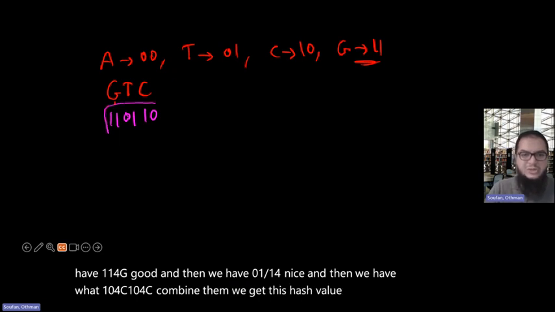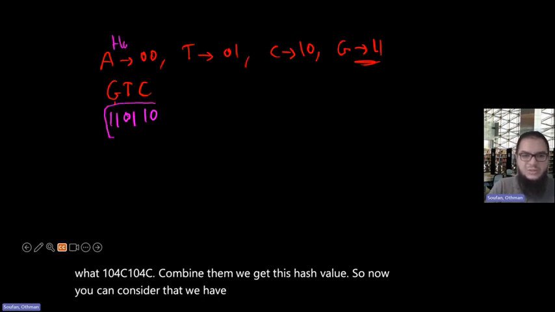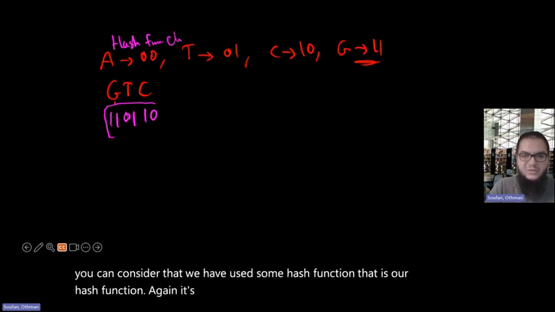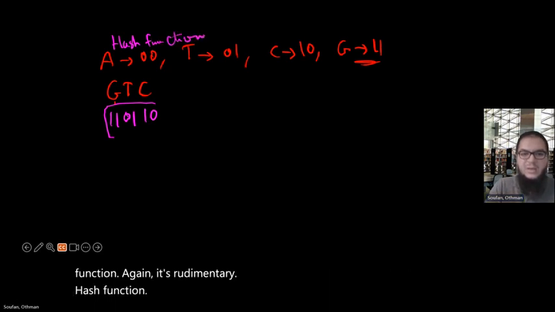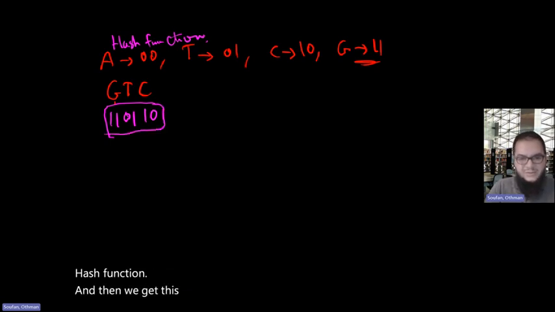So now you can consider that we have used some hash function. Again, it's a rudimentary hash function, and then we get this output here.